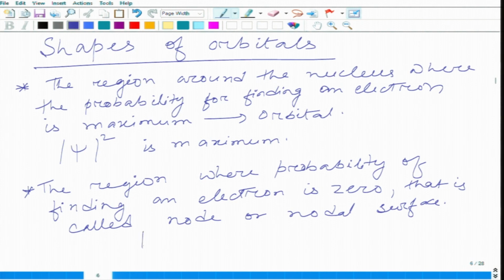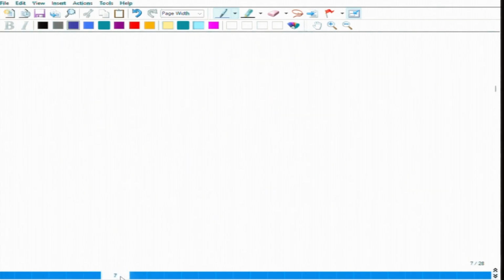Okay. So, here psi squared is 0. Now, from this we will predict the shapes of orbitals.